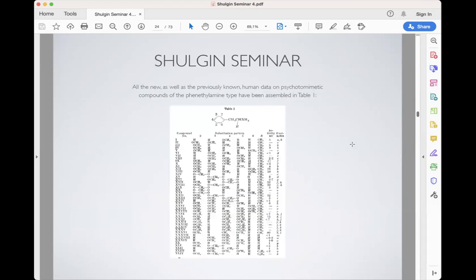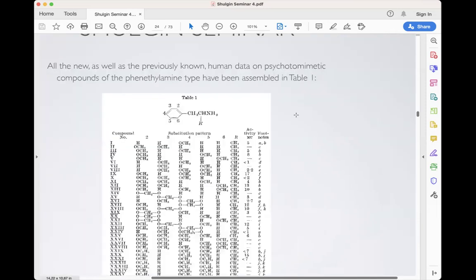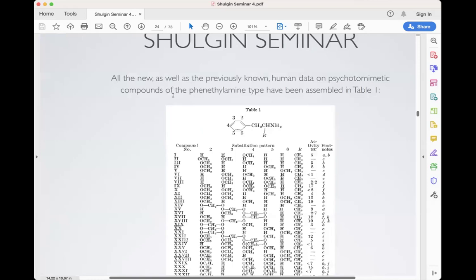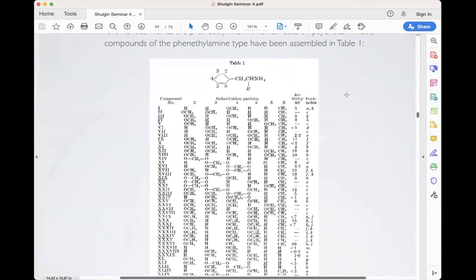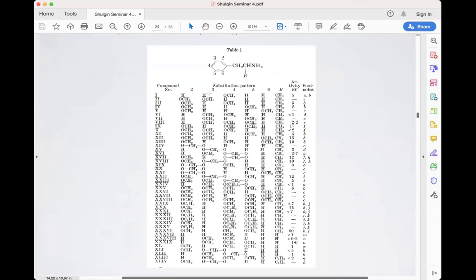Yeah, this is the table that he published in the other paper from 69, structure activity of psychotomimetics, and he says that these are all the new as well as previously known psychotomimetic compounds of the phenethylamine type. Yeah, he lists them without giving names.